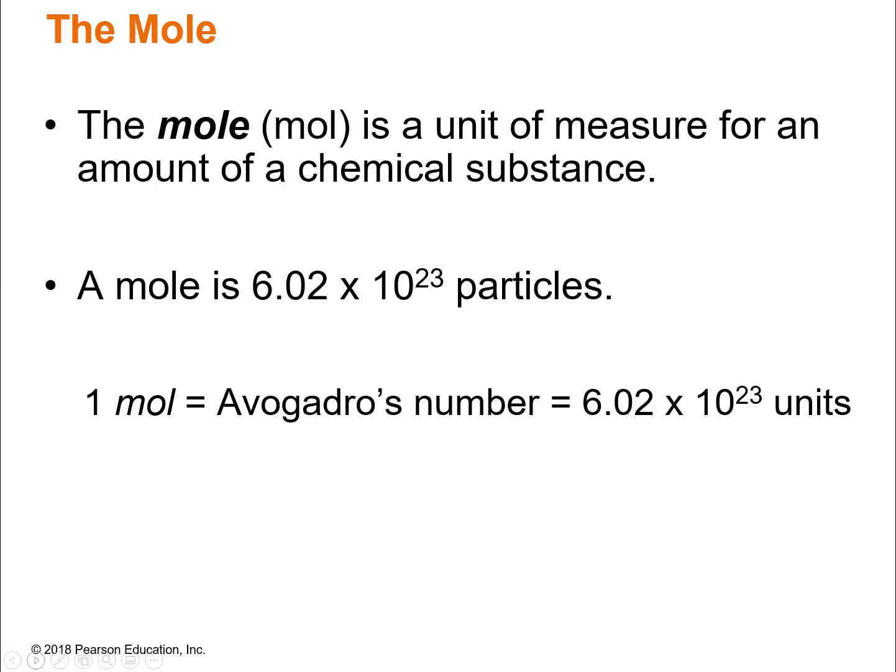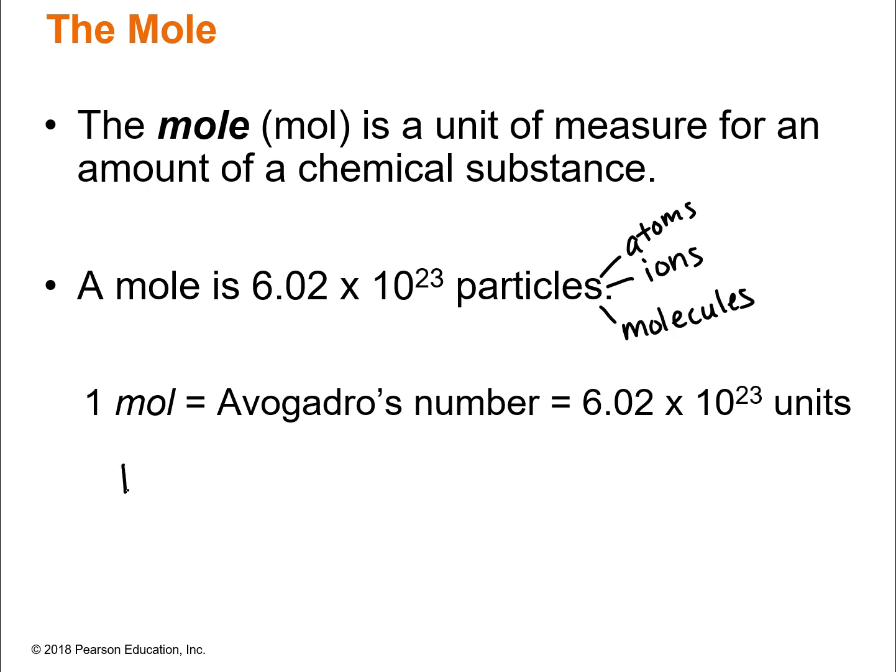The mole is a unit of measure for an amount of a chemical substance. A mole is 6.02 times 10 to the 23rd particles. What does particles mean? Well, it can mean atoms, it can mean ions, it can mean molecules. 6.02 times 10 to the 23rd atoms, ions, or molecules. That's what 1 mole is.